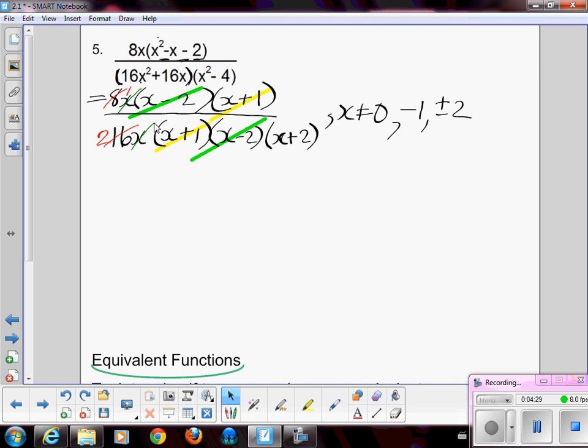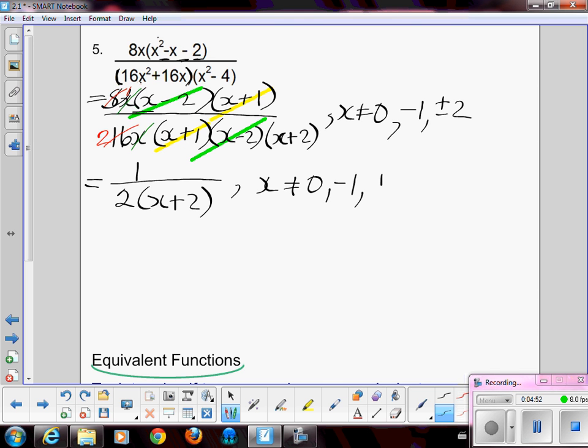So we're left now with a lot of things scratched off, so it's just a matter of us going and seeing what we have left. Well, on the top, I don't have anything, which means I really have 1 there. On the bottom, I have a 2 and an x plus 2. And now I also need to state my restrictions. X cannot equal 0, negative 1, and plus or minus 2.